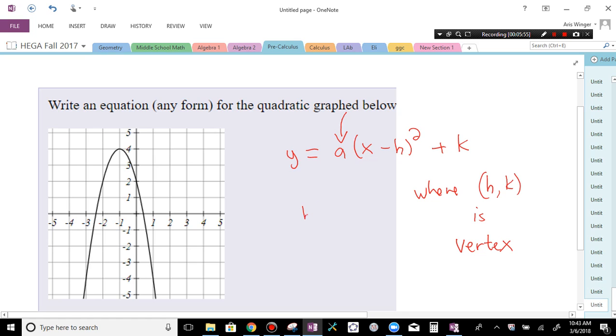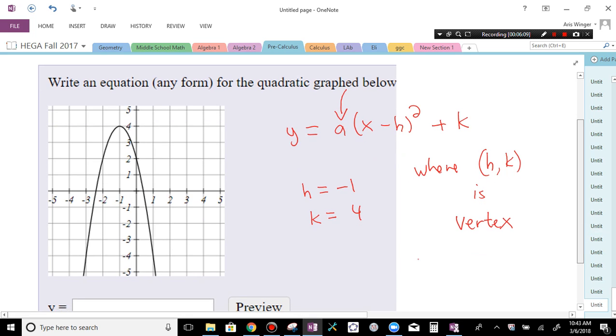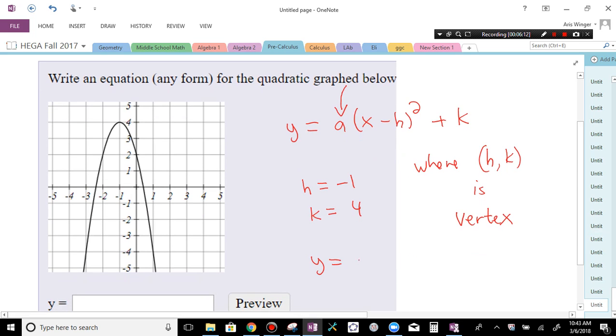What's h? -1. H is -1. K? 1. Questions? Okay. So now we have y equals a, which we still don't know, times x plus 1 squared plus 4.